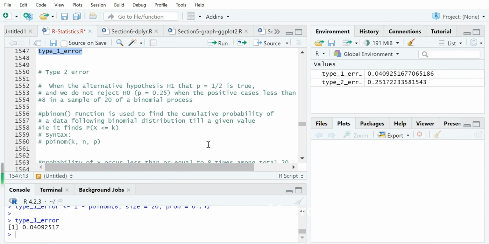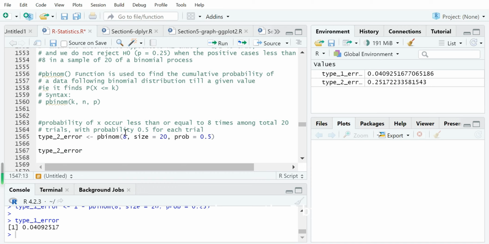And the type 2 error is when actually H1 is true, where the probability is 0.5, and we do not reject H0 because we get 8 or fewer positive cases in a sample of 20.